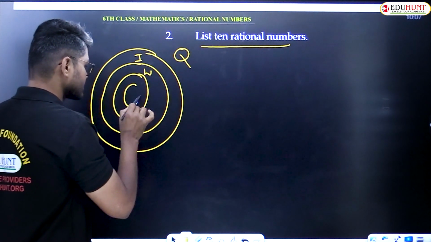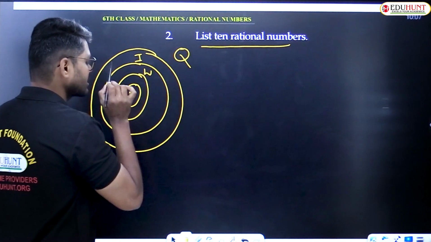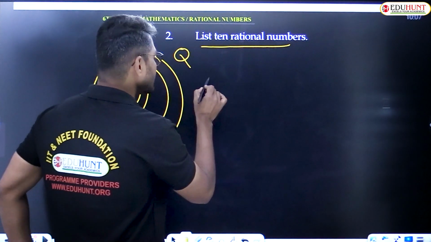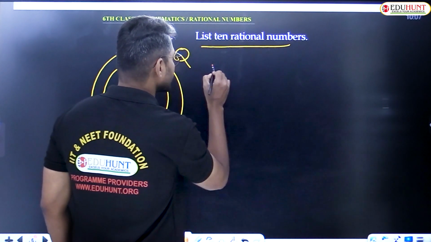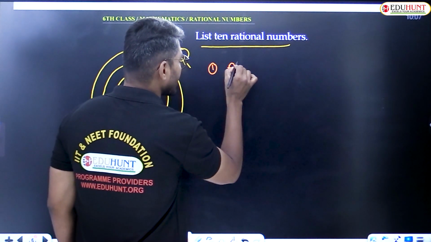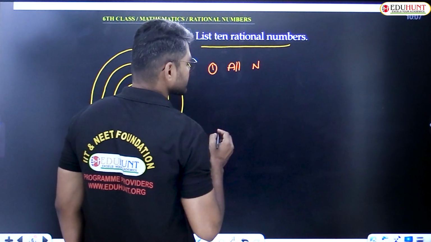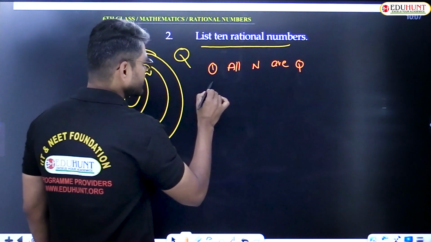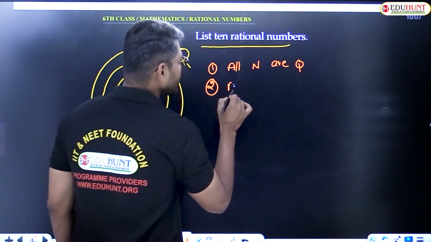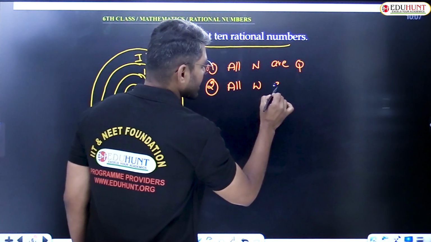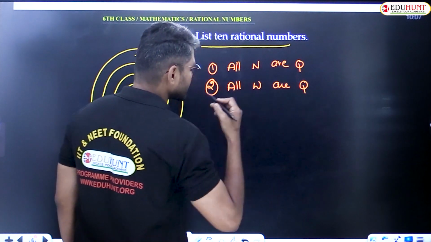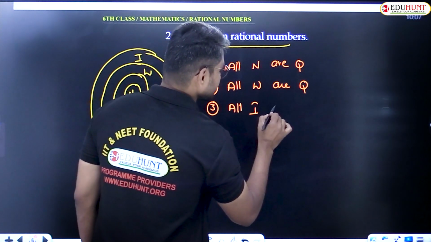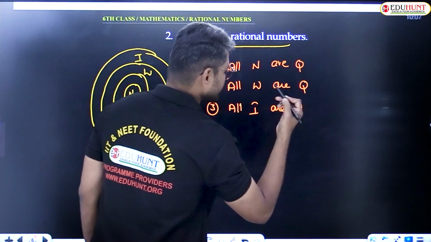In these whole numbers, natural numbers are included. That means we can conclude a few points. The very first point is all natural numbers are rational numbers. Second point, all whole numbers are rational numbers. Third point, all integers are rational numbers.